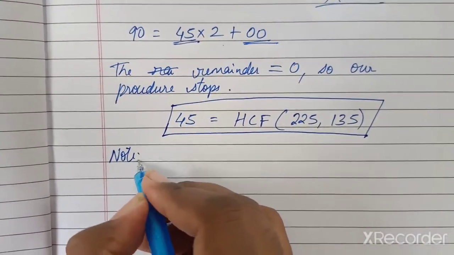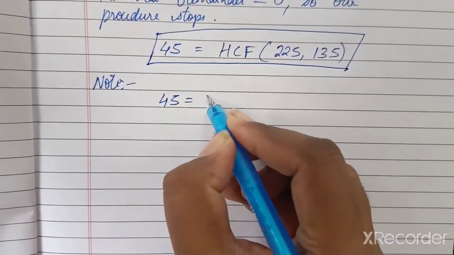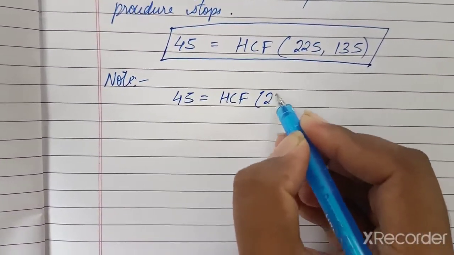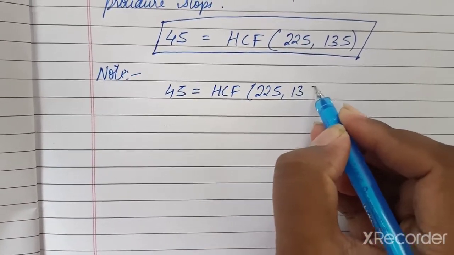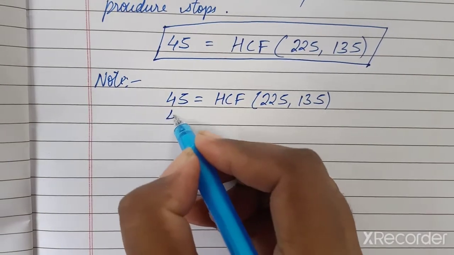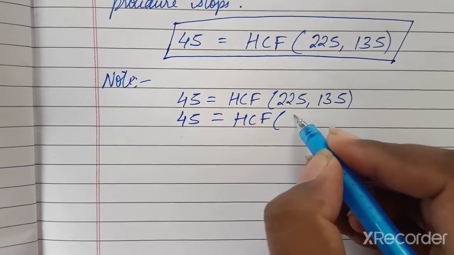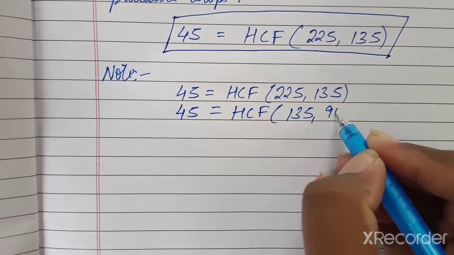We have a note here that 45 is the HCF of 225 and 135. Now from the second step, 45 is also the HCF of 135 and 90.